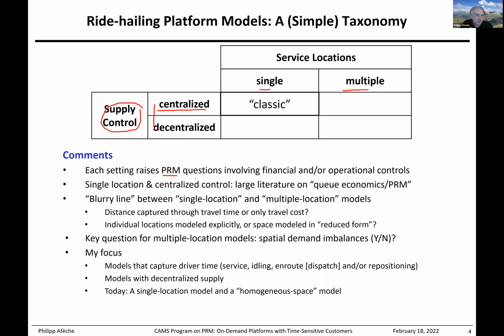So a single location model really does not capture spatial aspects, right? I mean, you can make a case that that's a nice benchmark. It's a stylized view of some of the things that might happen with multiple locations, but it's really a classic fixed servers with fixed locations, right? Between that and the other extreme, where you really have multiple locations and servers are moving around and you're keeping track of everything, there's something that you can think of as a homogeneous space model, where things happen over, let's say, 2-dimensional space continuously, but that space is really homogeneous.